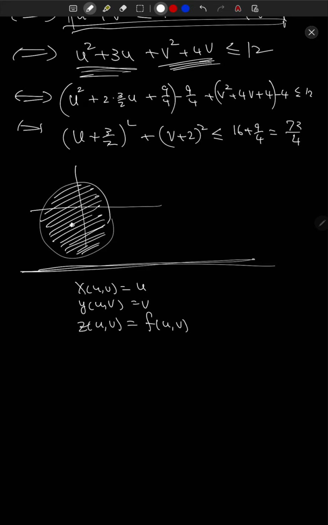This is for a graph z equals f of x comma y. If you have a graph based on x and z, where the output is y, you could just switch the variables around: x would be u, z would be v, and y would be f of uv. That way you can do sideways graphs.